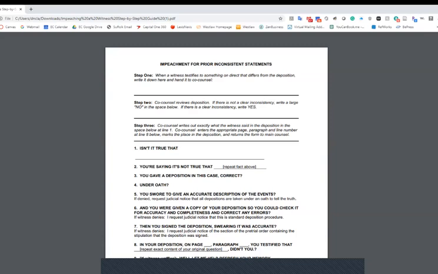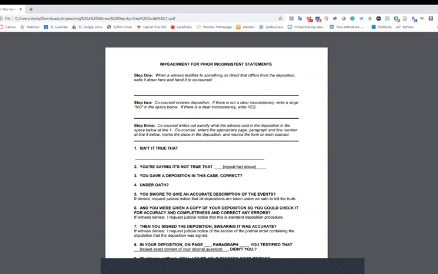So then you start your questioning. Isn't it true that, and this is where you say, you said X, Y, and Z. Then they might argue with you, or you might trap them, and then you say, so you're saying it's not true that you said X, Y, or Z, correct? You gave a deposition in this case, correct? And it was under oath?